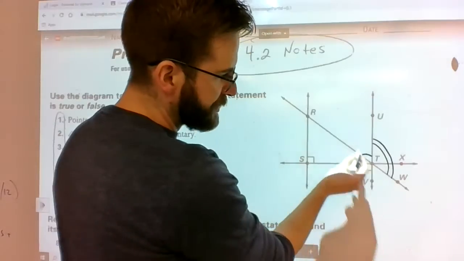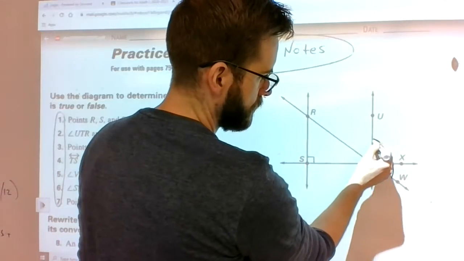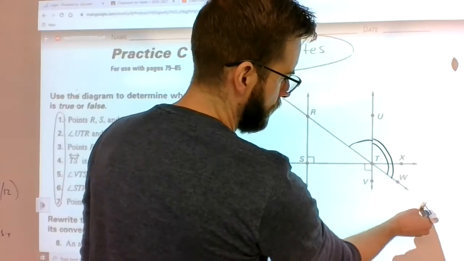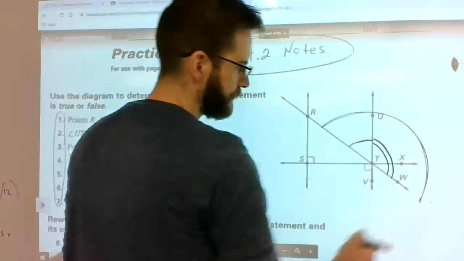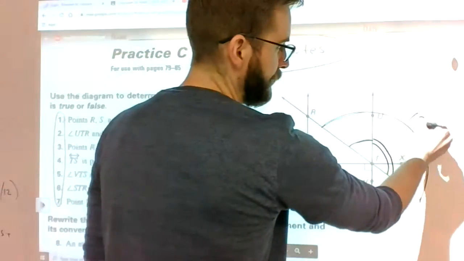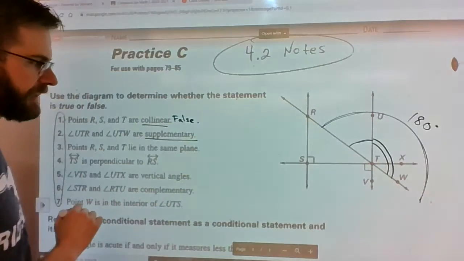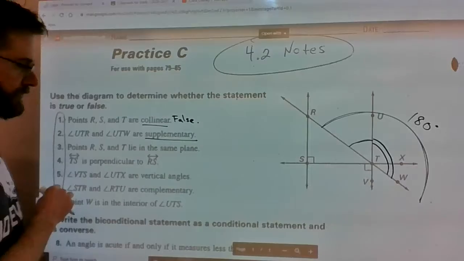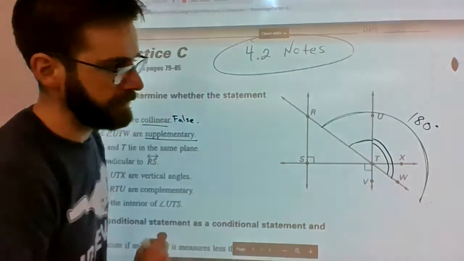Well, together, this angle plus this angle make a dome. A dome is 180 degrees. The definition of supplementary is that two angles add up to 180 degrees. So, are they supplementary? Yes.